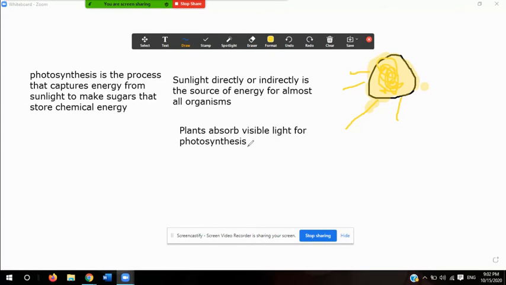So let's talk about another structure found in plants that is also very useful for photosynthesis. We're going to talk about chlorophyll.